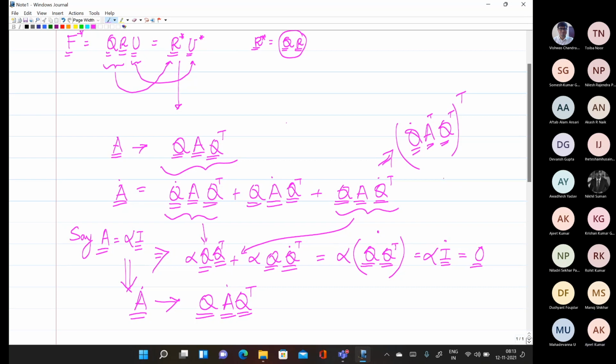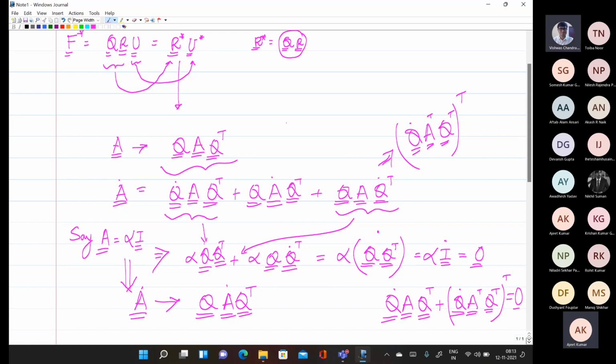So that implies the two things together are Q dot A Q transpose plus (Q dot A transpose Q transpose) whole transpose, and we want this to be G. Then A equals A transpose.